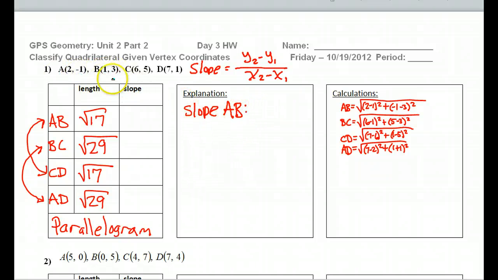So for AB, when I do my y minus y, I'm going to go ahead and do 3 minus -1, so that'll be 3 plus 1. And then I'm going to do my x minus x, so 1 minus 2. So that's 4 over -1. So in other words, that is -4. Okay, now I'm going to do slope BC.